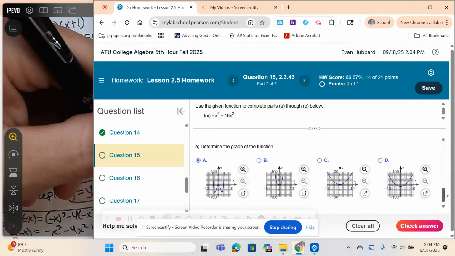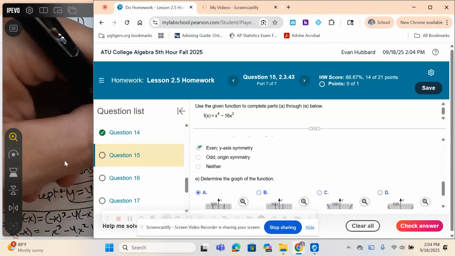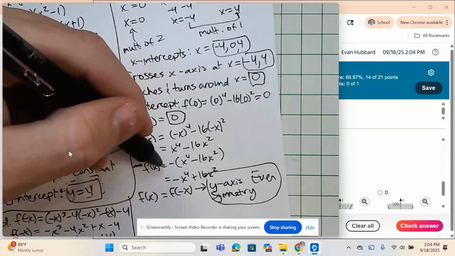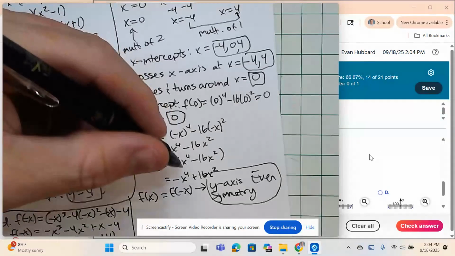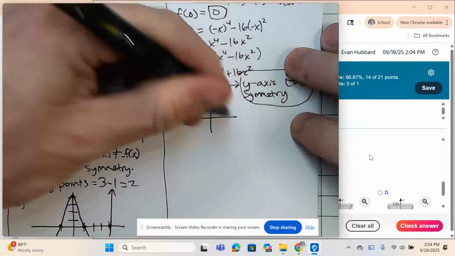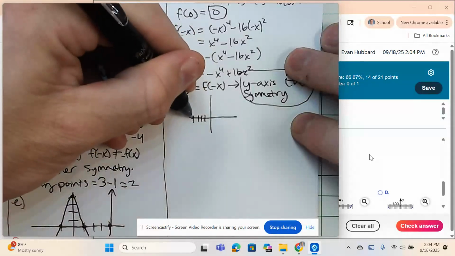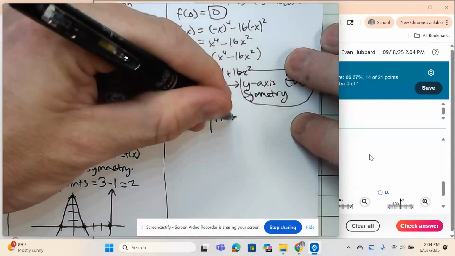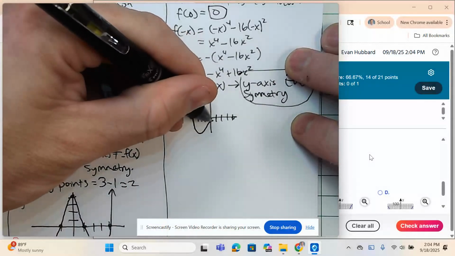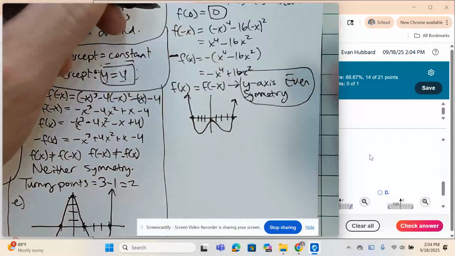As talked about earlier, it's got even symmetry because f of x equals f of negative x. The graph will have 0 at negative 4, 0 at positive 4, and then 0 here. So it's going to be rising to the left, double 0, rising to the right. So it's going to be this one.